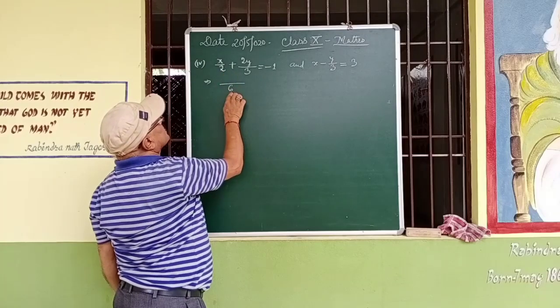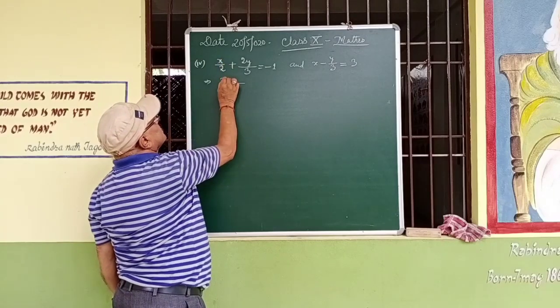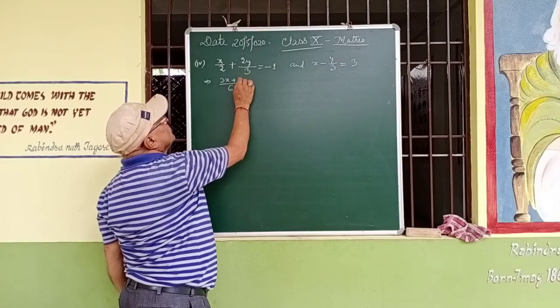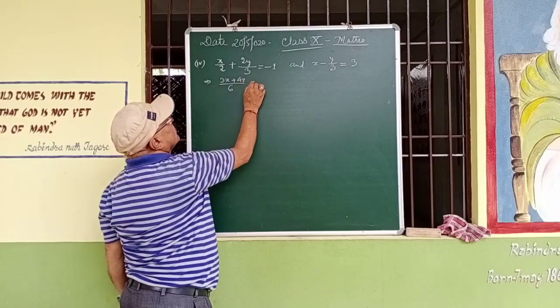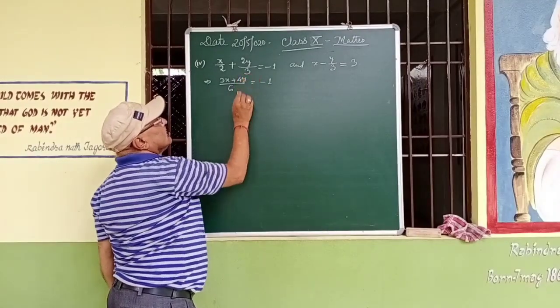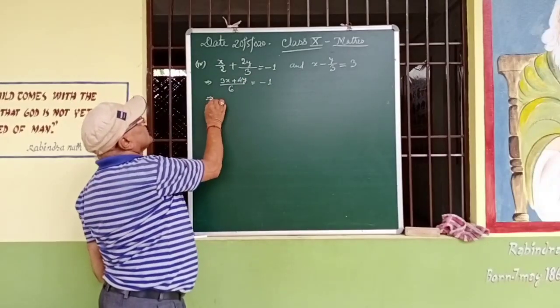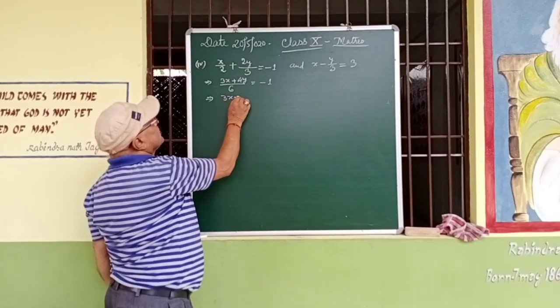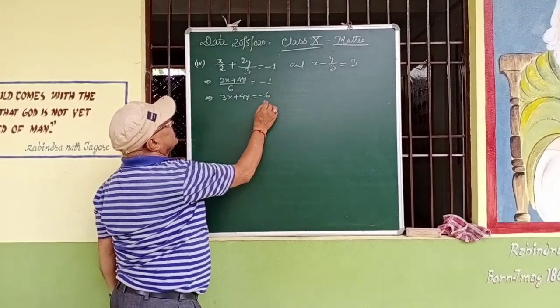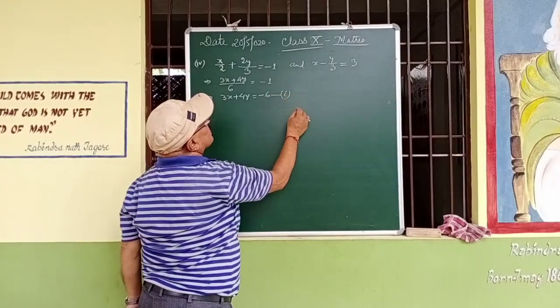By 2 you divide 6, you get 3 into x, 3x plus by 3 you divide 6, you get 2 into 2, 4y is equal to minus 6, or 3x plus 4y is equal to minus 6. It is equation number 1.